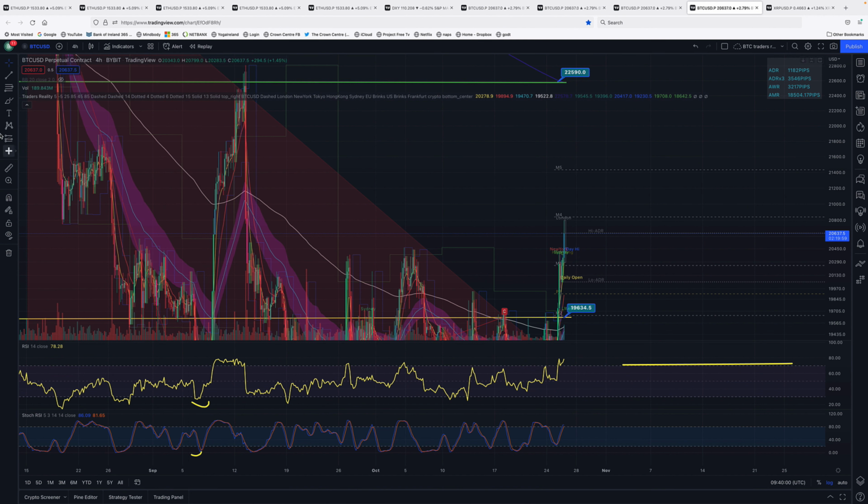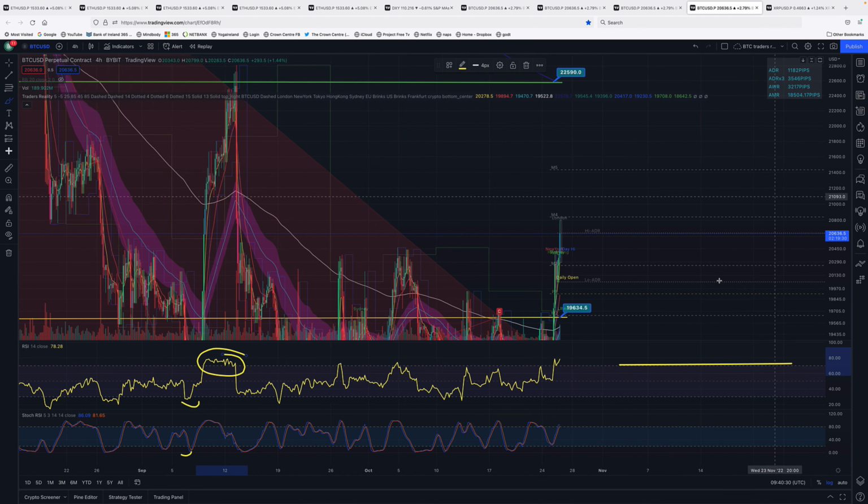See how long the 4 hours stayed in the overbought. It stayed in the overbought for literally days, and it kept going up, up, up. It was a slow, drawn out process of moving upwards. So the same can happen here until it gets to here. So that would be my level for DCAing. I wouldn't be DCAing now.